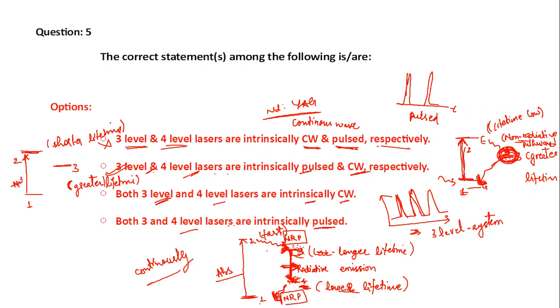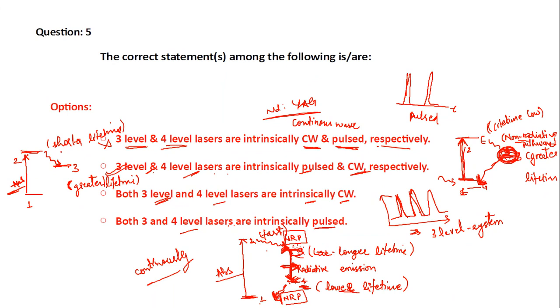That is, continuously the molecule is absorbing some amount of radiation. Excitation from the ground state to the first excited state is happening continuously. And from this excited state of the second, which has a longer lifetime, continuously from 2 to 3, which has a shorter lifetime, the emission can occur.